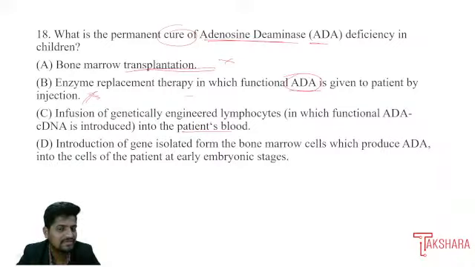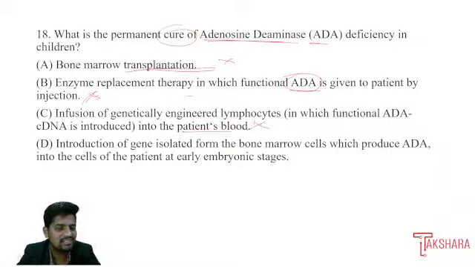It is near to a permanent cure, but we have to insert the lymphocytes repeatedly at particular time intervals for that person, so it is also not a permanent cure for ADA deficiency. So option C is also incorrect.